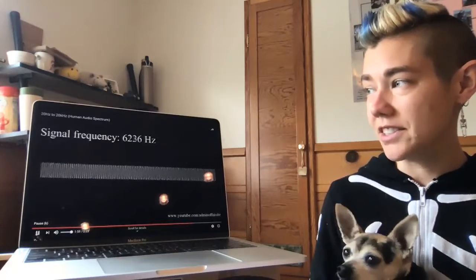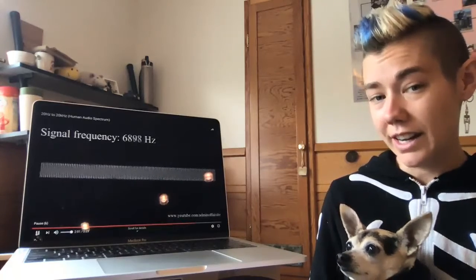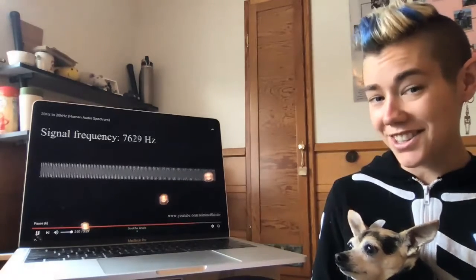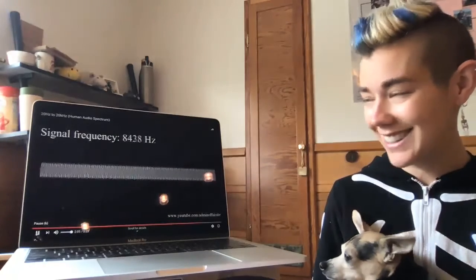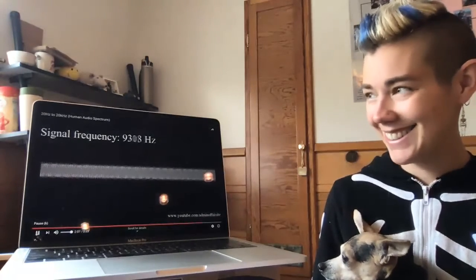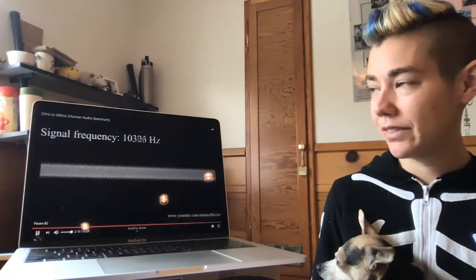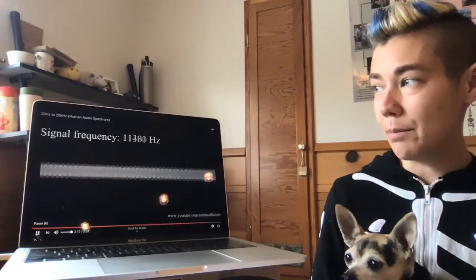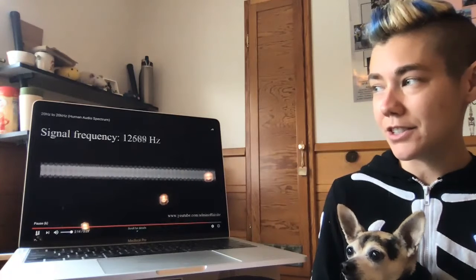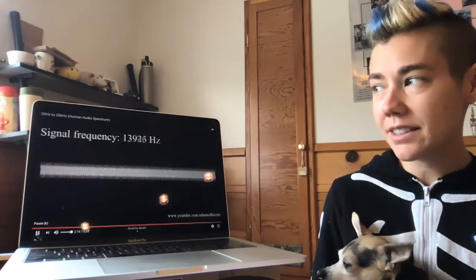And we're up around 6,000 hertz, and I can still hear it. My dog is starting to get more interested. We're up into the 10, 11,000, starts to sound like little mice.